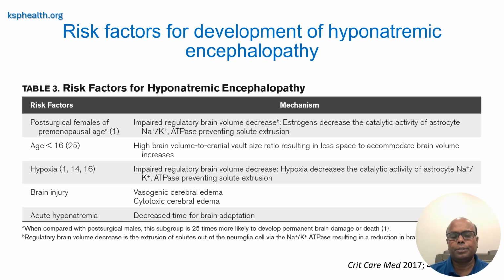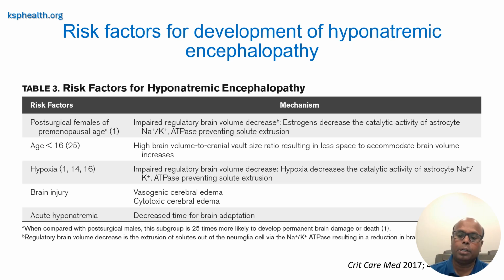So what are the risk factors? As we already discussed, first, post-surgical females of premenopausal age. Second, children less than 16 years of age. Third, hypoxia. Fourth, brain injury, because these patients already have vasogenic and cytotoxic cerebral edema.